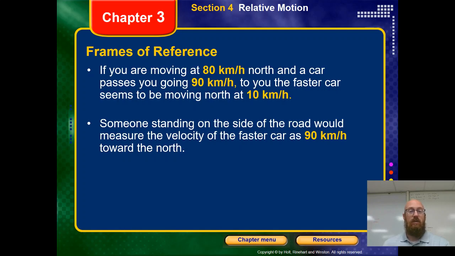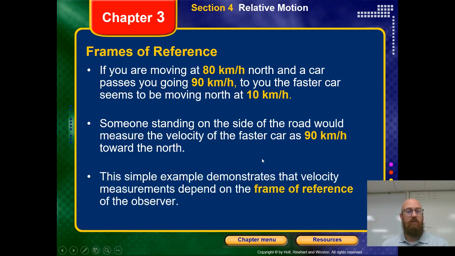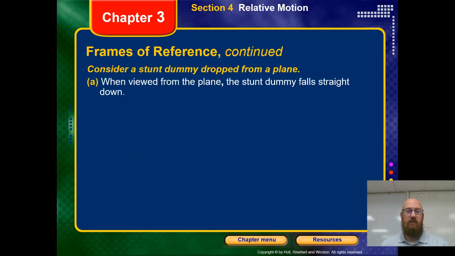Now, someone moving on the side of the road, that's going to seem like the faster is 90 kilometers towards the north, just because they're sitting still and you are not. Important difference. A lot of frame of reference. We'll get into this second semester as well, frame of reference with talking about physics and, more importantly, relative motion and relative velocity. All right.